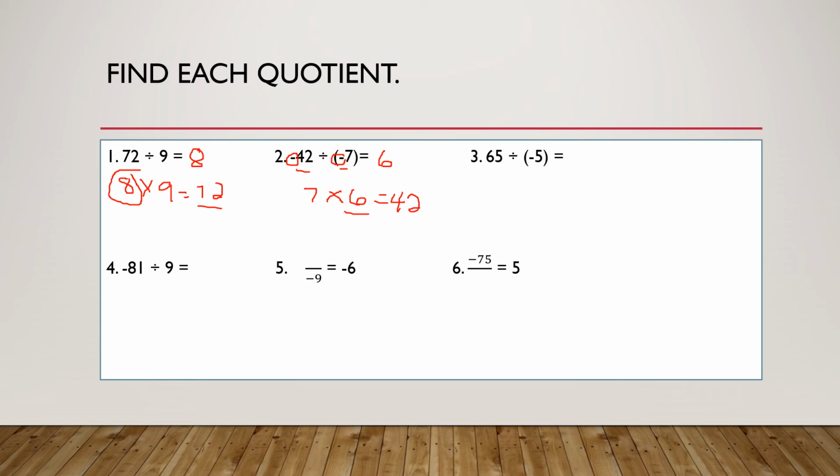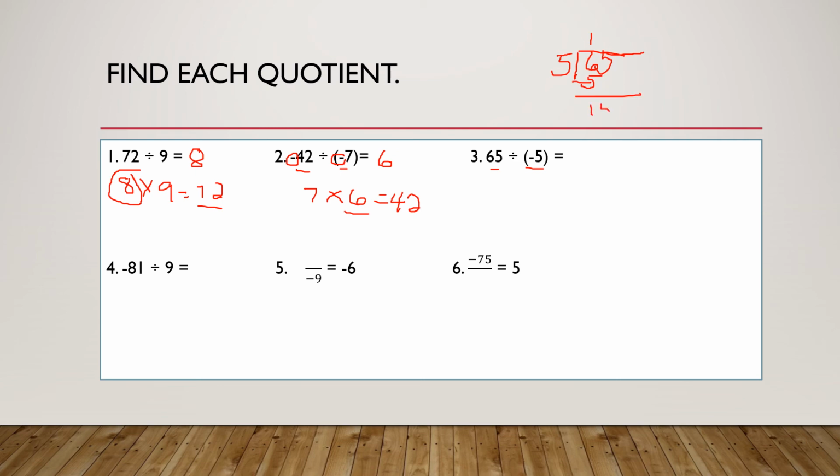Next, 65. What are we going to do here? Positive 65 divided by negative 5. So we can use this one. Most learners don't know this sign, we call it the division sign. Divided by 5. 6 divided by 5, we get 1. 1 times 5 equals 5. Then subtract, 6 minus 5 equals 1.